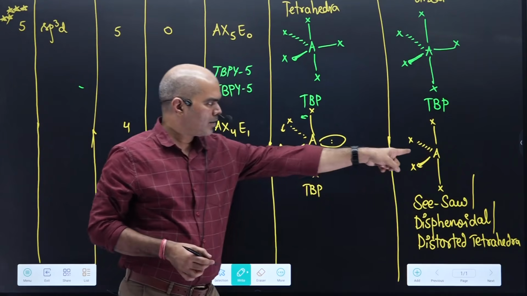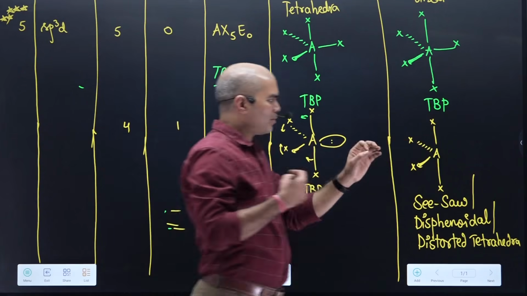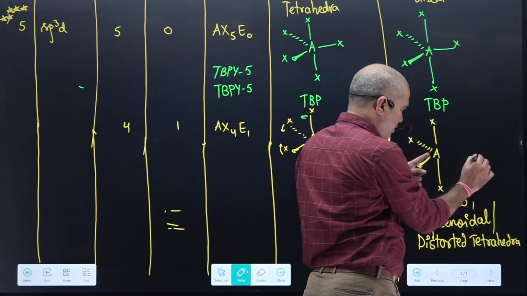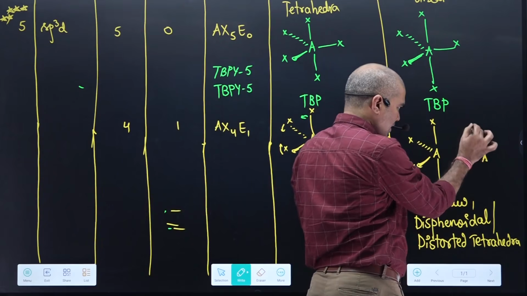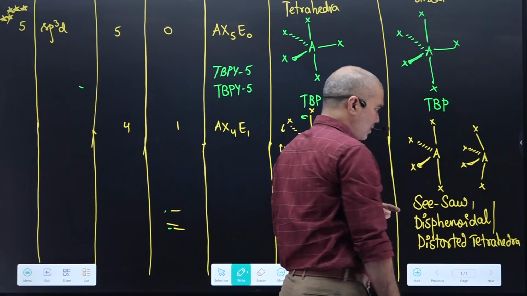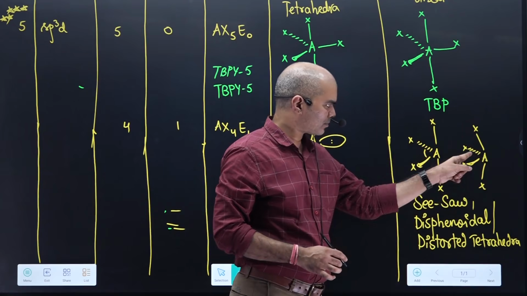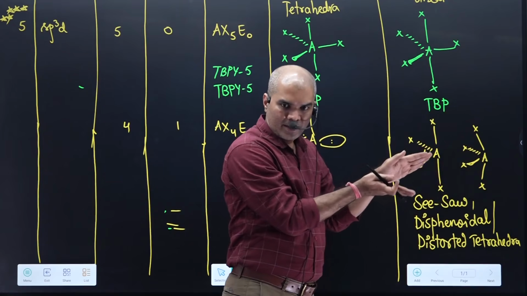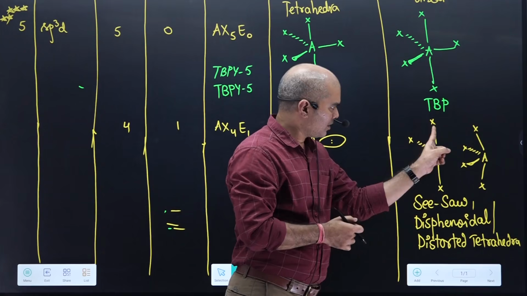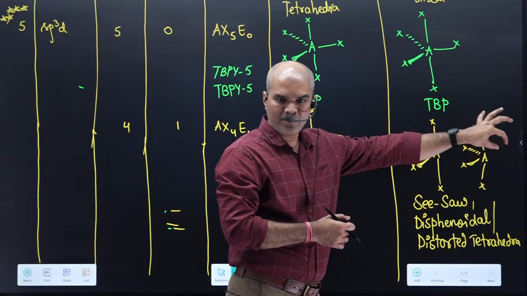So originally this is what I am thinking. Generally we draw this one. But if particularly bond angle is asked, this is A, this is X, this is X, this is X, this is X. Now you can see this is not exactly 120 degree. That will be lesser than 120 degree. This and this is not 90 degree. It will be lesser than 90 degree because there is a lone pair.